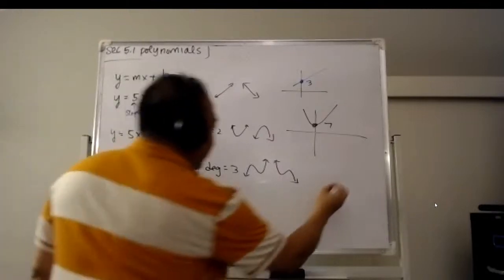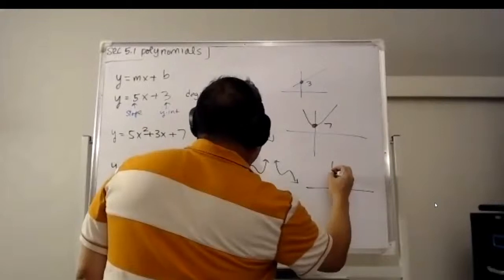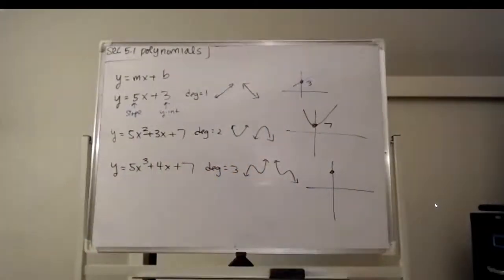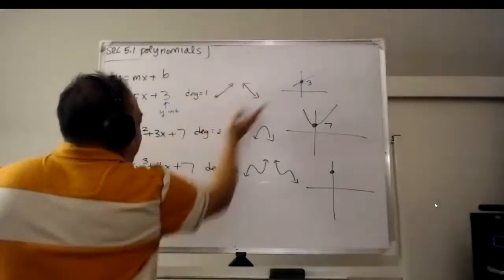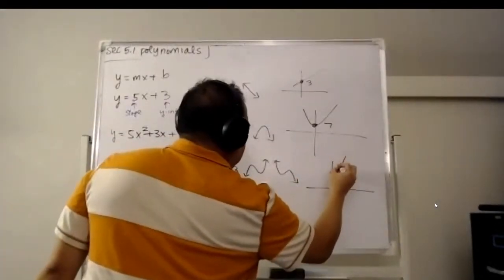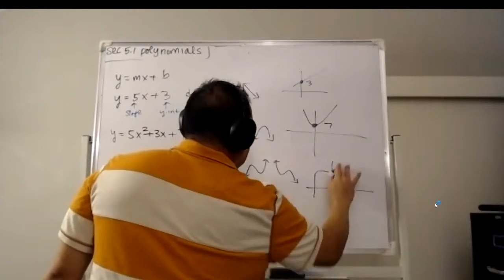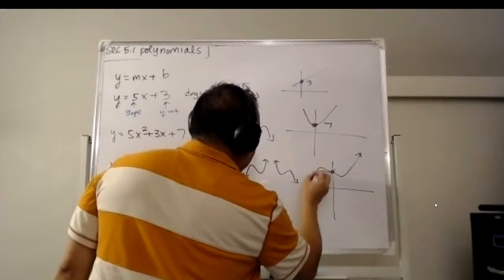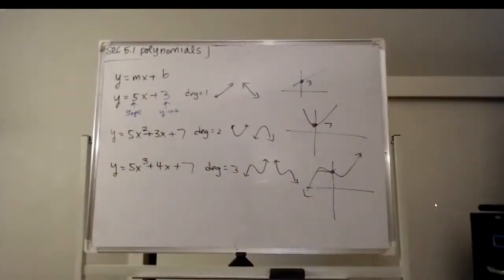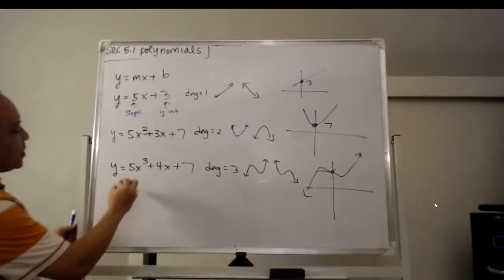So what does this look like? Well, I know my y-intercept is 7, and that's positive, so I got to pick the one that finishes with this going up. So it probably looks something like that. We call this a cubic.